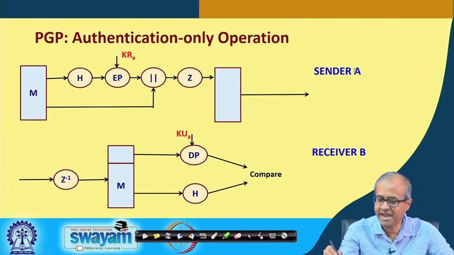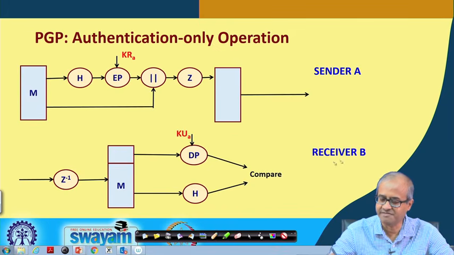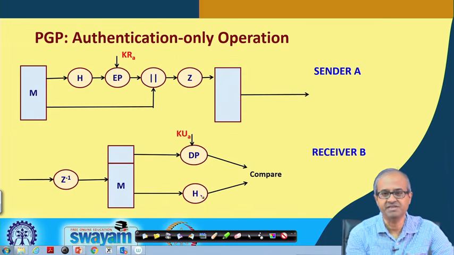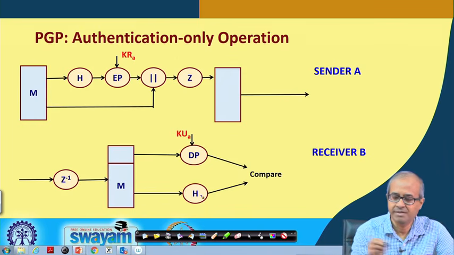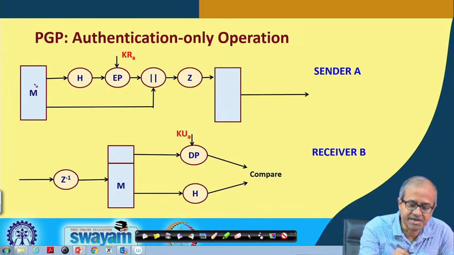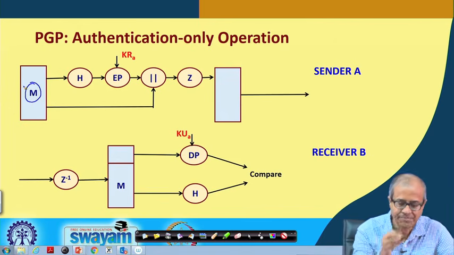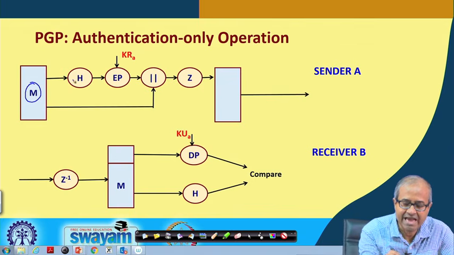Something is happening at the sender side, something is happening at the receiver side. So, the top diagram is from the sender side, the bottom diagram is for the receiver side. Let us try to understand. The sender is trying to send a message, this M is the message. So, what it does, it will hash.